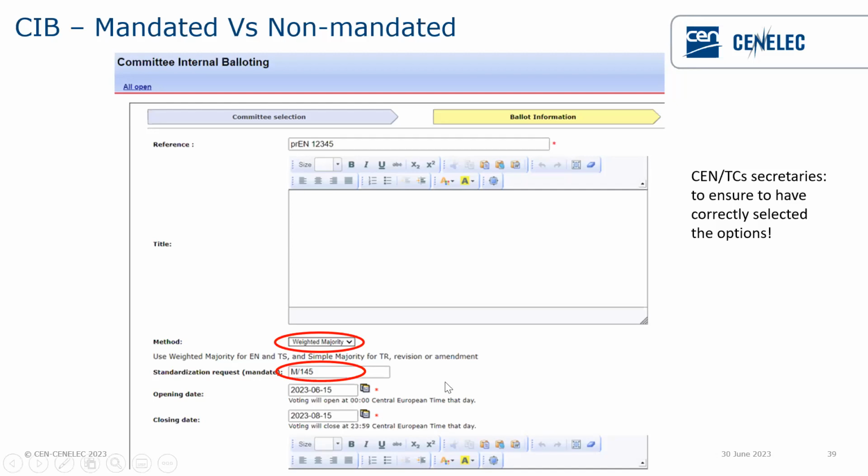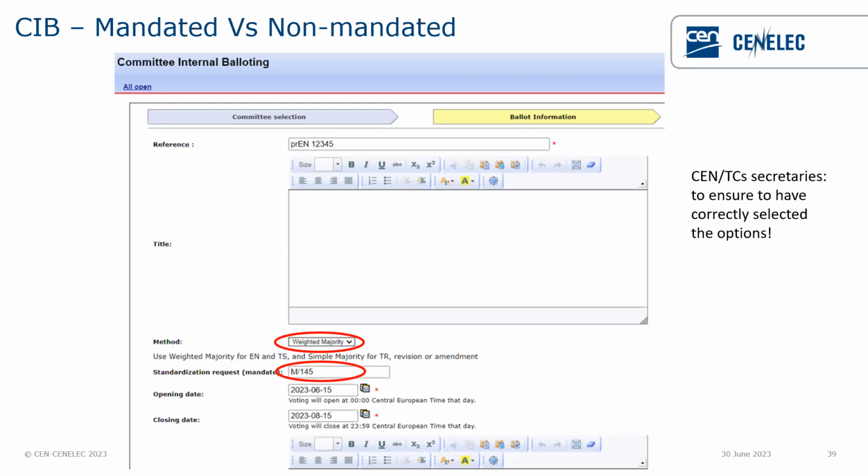The novelty here is the second field. Since the approval criteria depends on whether the new work item is requested under a standardization request or developed under a mandate, the information in this field is crucial.